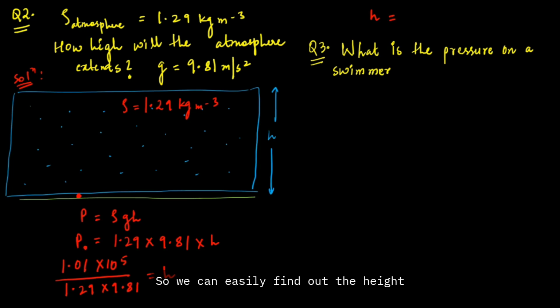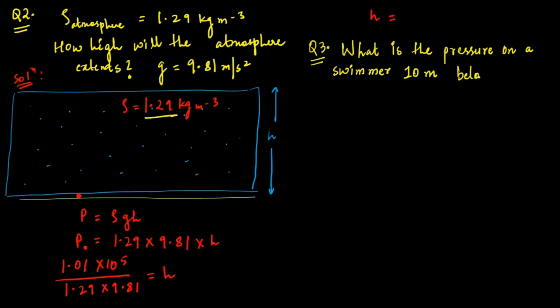So we can easily find out the height, or you can say up to what height the atmosphere extends. So rho gh, in this case, would be 1.29 times 9.8 times h. We need to solve for h, right?